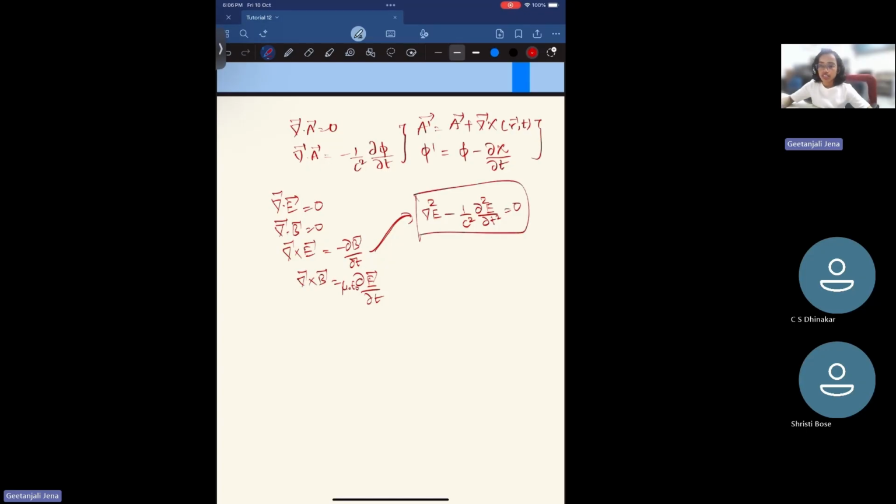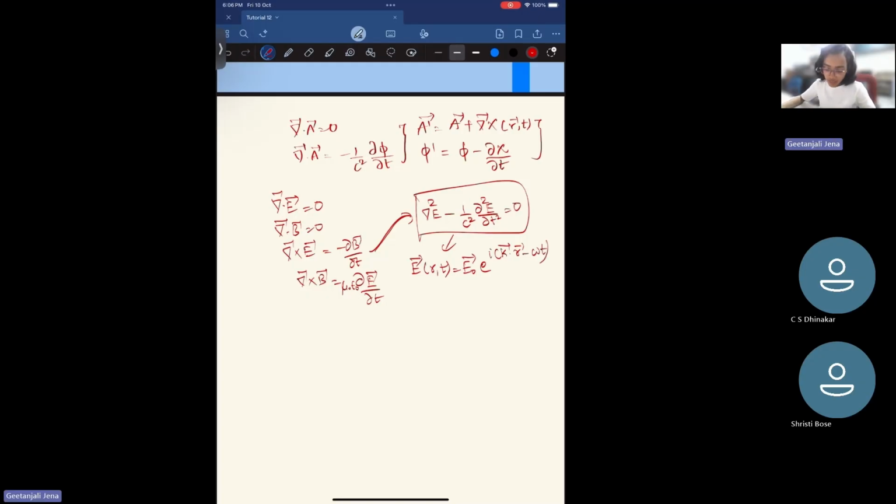This is the wave equation in vacuum, and the solution for this is the plane wave solution. So you can write E(r,t) as some E0 e to the power i(k dot r minus omega t).